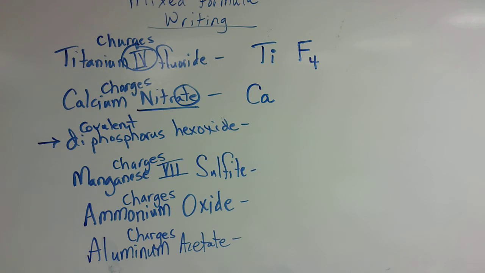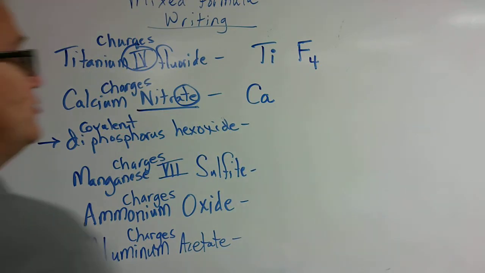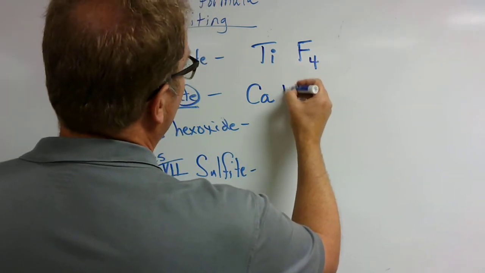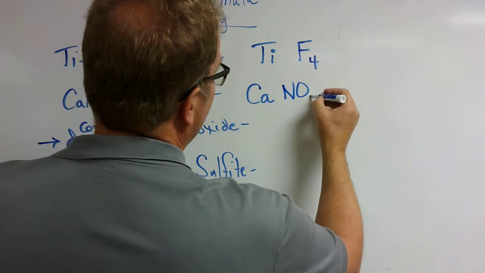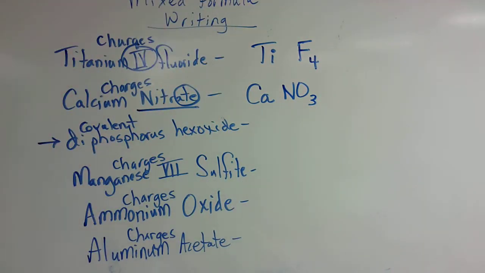Now my second set is going to include the nitrate, which is NO3. In this case, I'm going to wait till the end to write my charges, but we know we have to use our charges, and we have to have pluses and minuses because we can't balance it out without both.